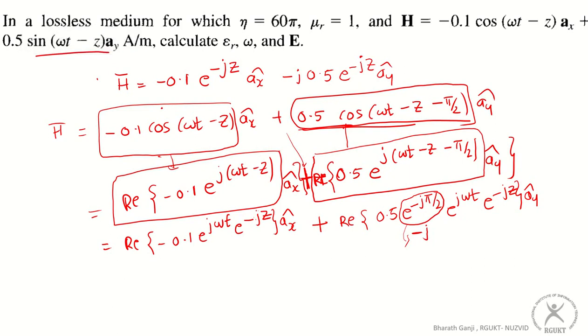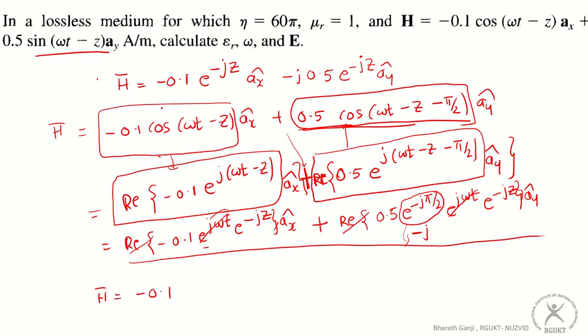Right. So here is our h bar. To convert this equation into phasor form, you neglect the real part and the e power j omega t part. So you neglect these e power j omega t's and these real parts, and you write whatever is left. So if I write it simply, h bar becomes minus 0.1 e power minus jz into ax cap, right?